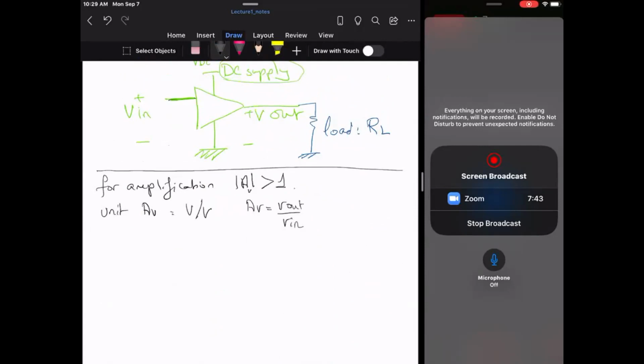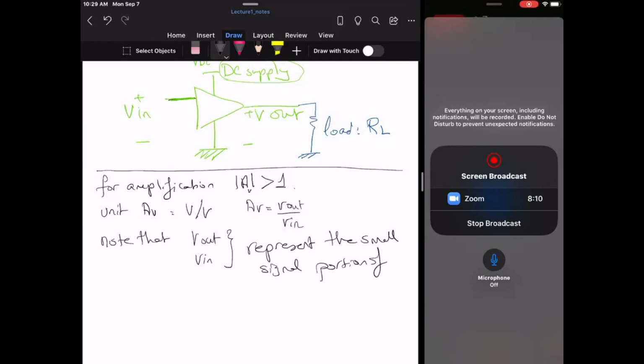Now, one thing that we need to be very careful about: note that V out and Vin represent the small signal portion of the voltage signals.